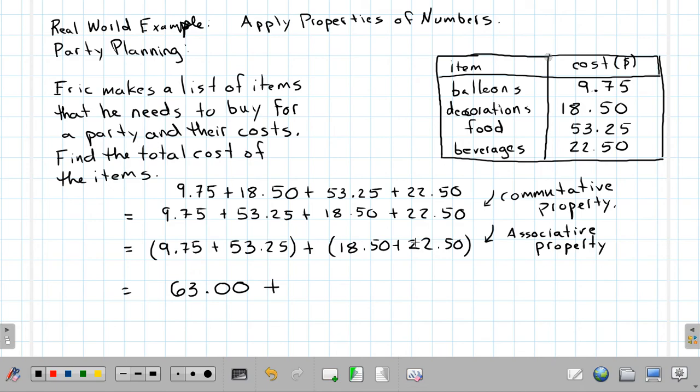So 18 plus 22 is 40. And we add another $1. So that means the cost of those two items are going to be $41. And now, once again, without going through and having to put it into a calculator, 63 plus 41, 60 plus 40 is 100, 3 plus 1 is 4, so this is going to be $104.